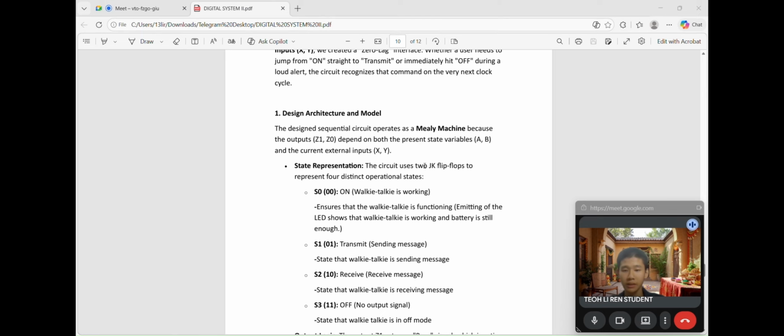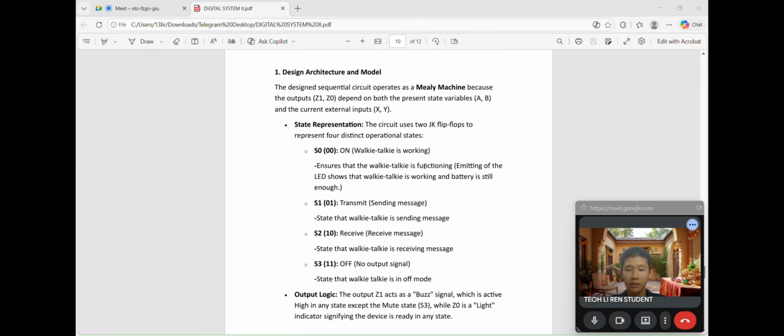The fourth point is the design, the architecture, and the model. The designed sequential circuit operates as a Mealy machine because the outputs Z1 and Z0 depend on both the present state variables and the current external input. The most important is the current external input XY. This is because the external input will directly affect the present state and the outputs Z1 and Z0.